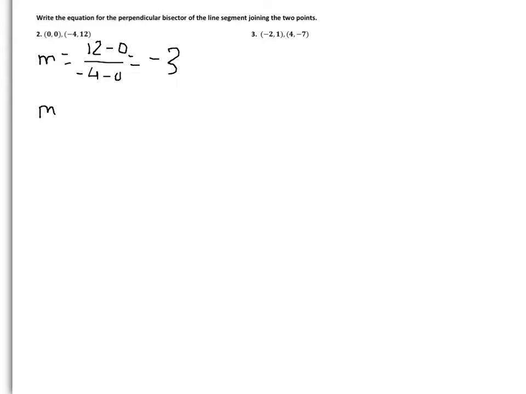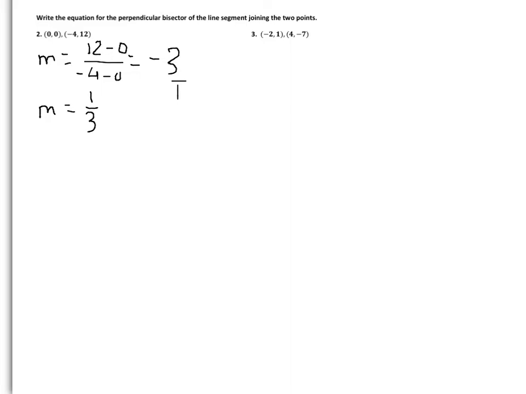So the slope of the perpendicular bisector is positive 1/3, because put it over 1, and then you do the negative reciprocal, which means flip it and multiply it by negative 1. Now we have to figure out the perpendicular bisector. Remember, bisector means it cuts it in half.